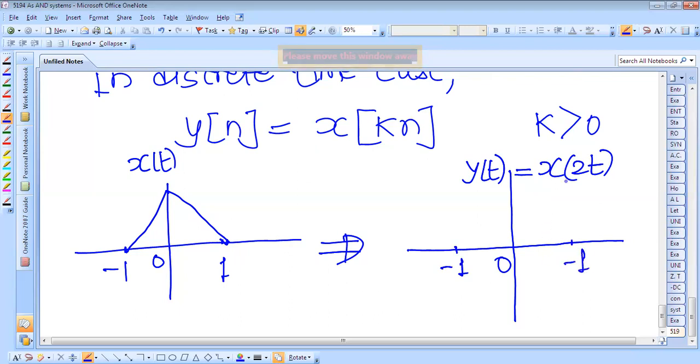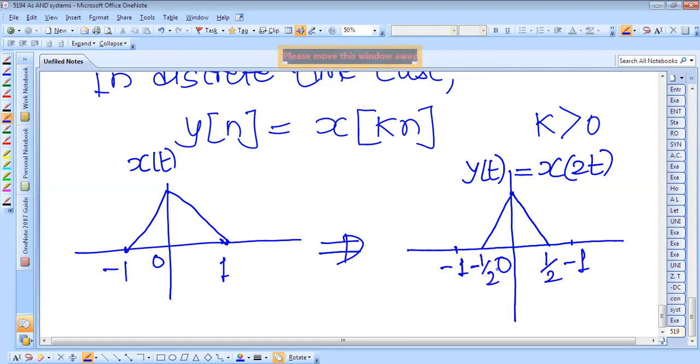Now, if you put here your time as 1 and the scaling factor 2, then your signal will be like this. So this is a half, this is minus half.